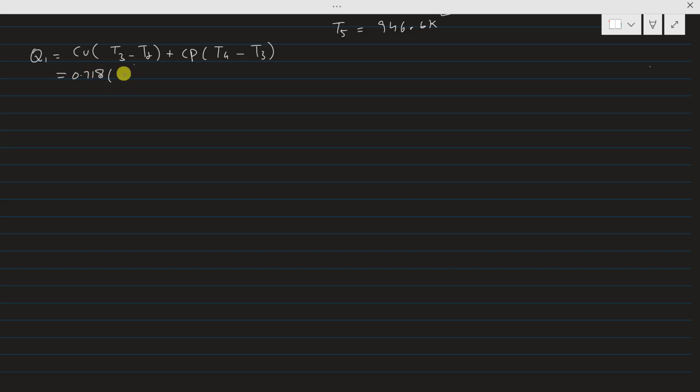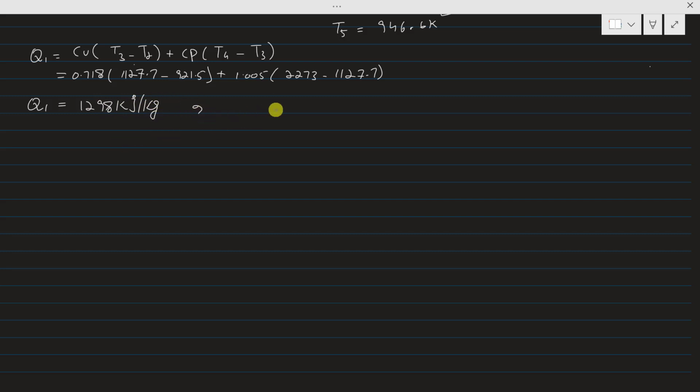That is 1127.7 minus T2, that is 921.5, and the Cp is 1.005, and T4 that is 2273 minus T3, that is 1127.7. So after simplification you will get the heat that is supplied is equal to 1298 kilojoule per kg.